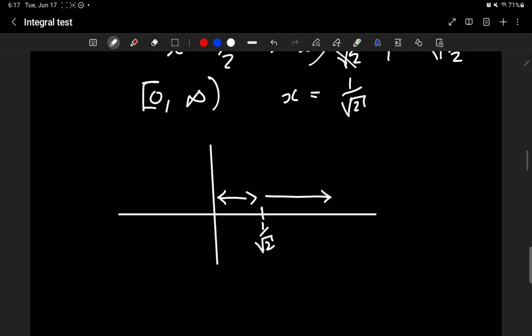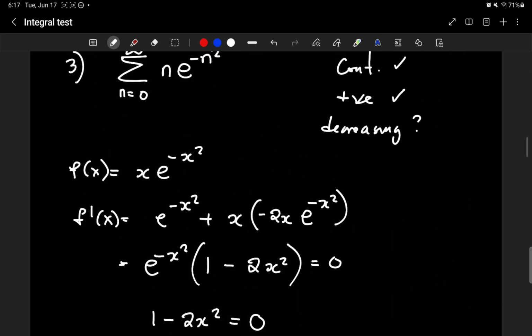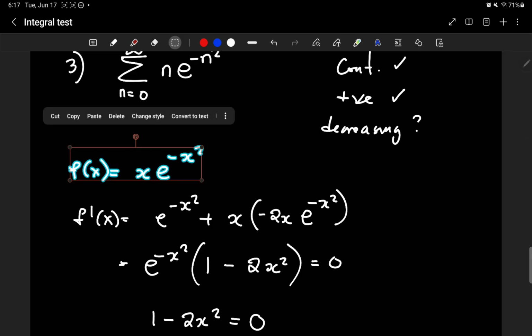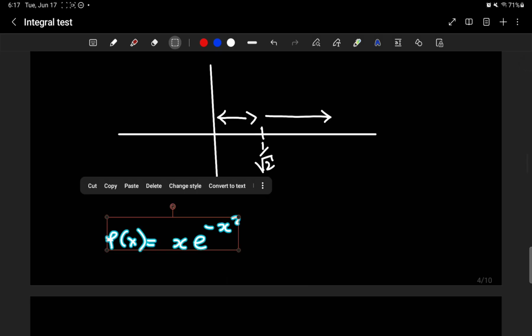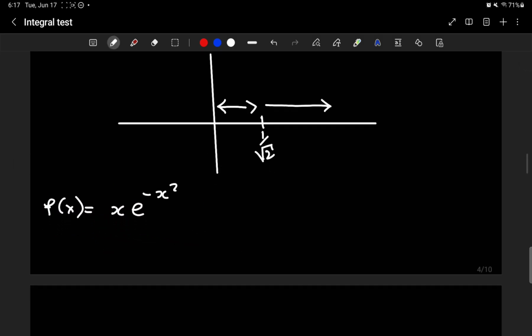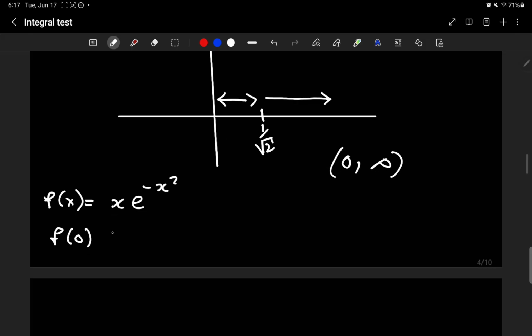So here you can use some test values. So we can get the original function, which is this, and get some test values there. So firstly, when you have f of 0, since we're starting from 0 to infinity, for the first part I'm going from 0 to 1 over root 2, I want to see if it's becoming bigger or smaller. F of 0 will end up being 0. Now let's pick a number in that range. Any number really will work. But what you'll see is that this function is x over e to the x squared.